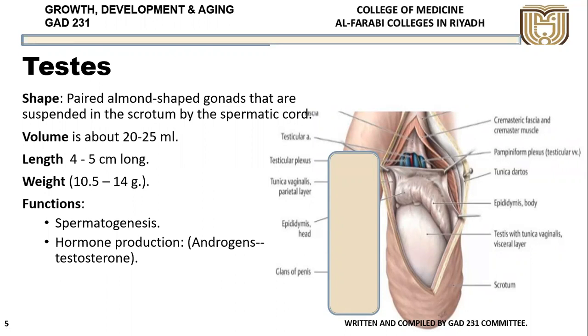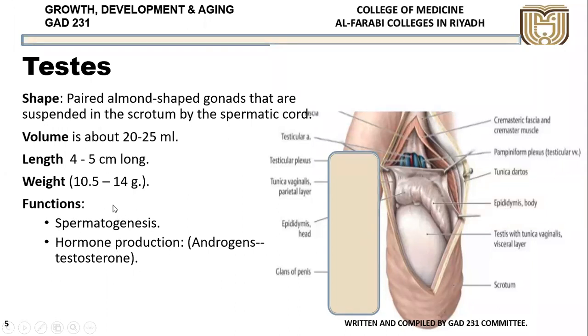Even though it is a very small gland and the weight is very less, it has very important functions. What are those? One is spermatogenesis. What do you mean by spermatogenesis? Genesis means production, so spermatogenesis is the production of the sperms. So the sperms are produced within the testis.